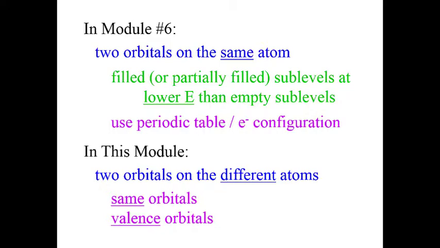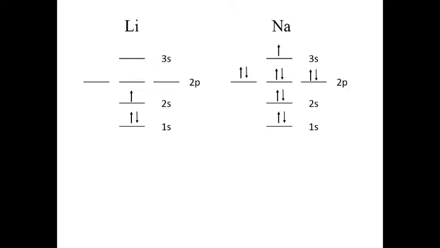Let's review our conclusions. We start with orbital energy diagrams for lithium, containing 3 electrons, and sodium, containing 11 electrons. We have placed them side by side where the corresponding orbitals are at the same energy. But is that correct? Let's think about 1s on lithium versus 1s on sodium.